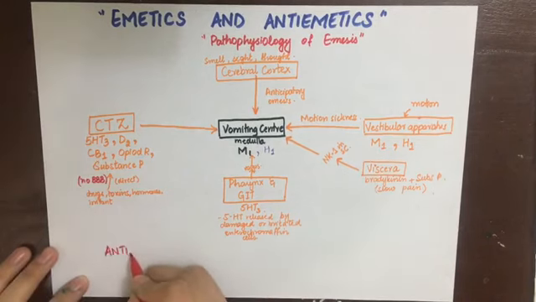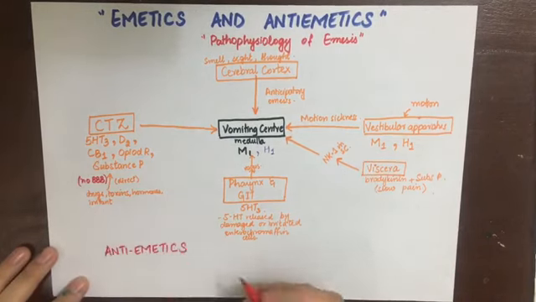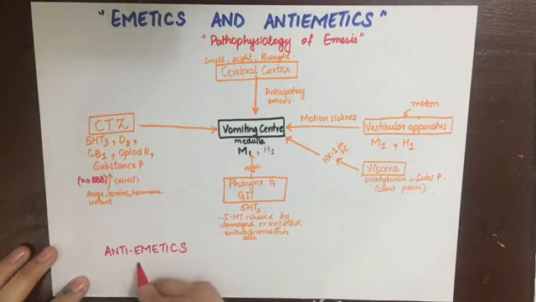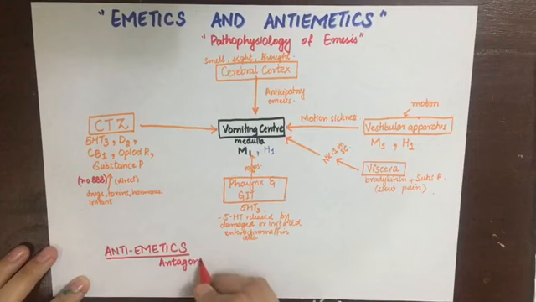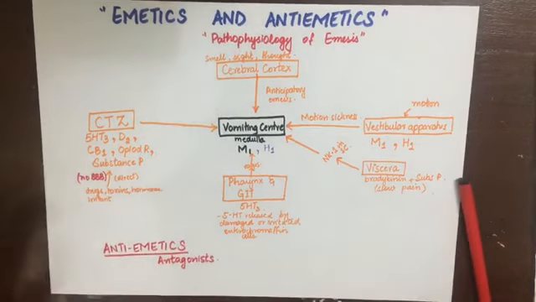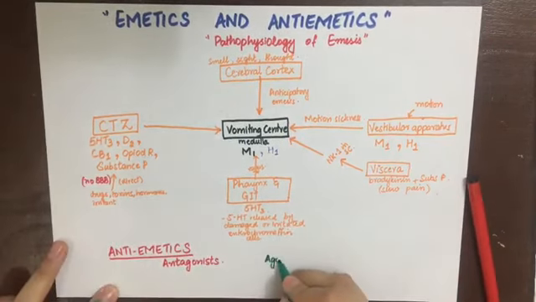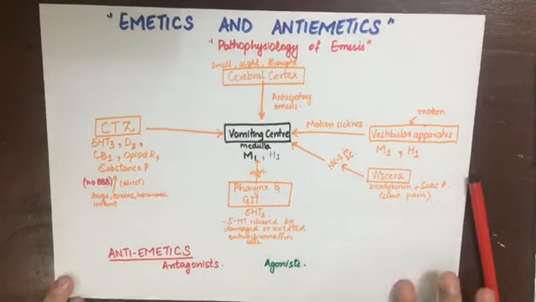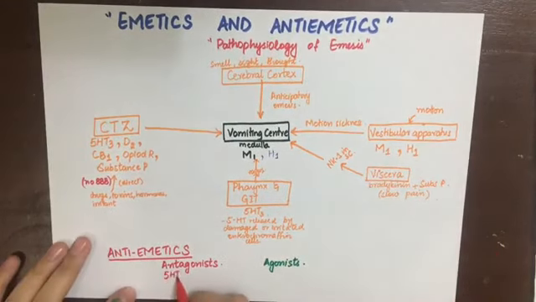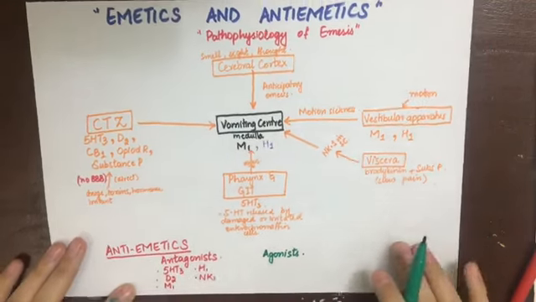Now, looking at this pathway, we can see where we can put some drugs to cause this pathway to stop and have antiemetic actions. The antagonists that we can use are 5-HT3 antagonists, D2 antagonists, M1 antagonists, H1 antagonists, and NK1 antagonists.